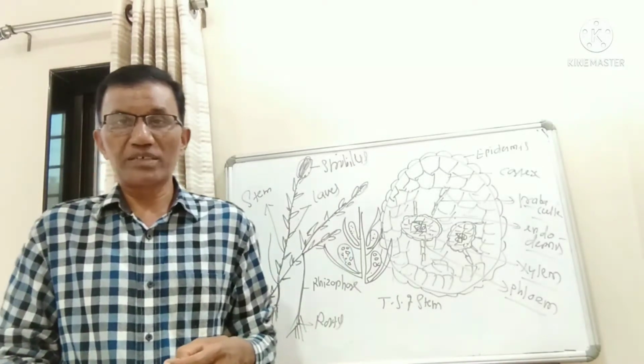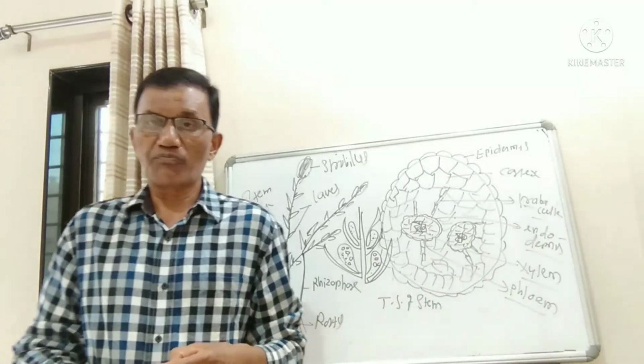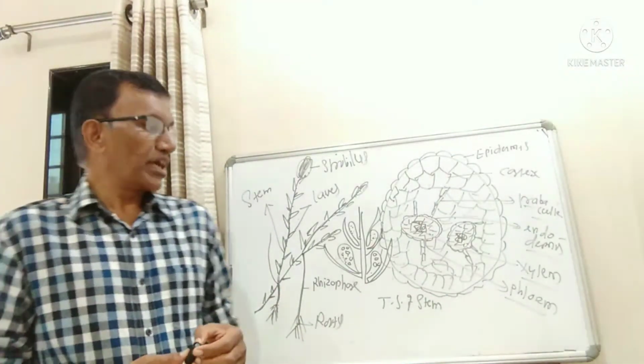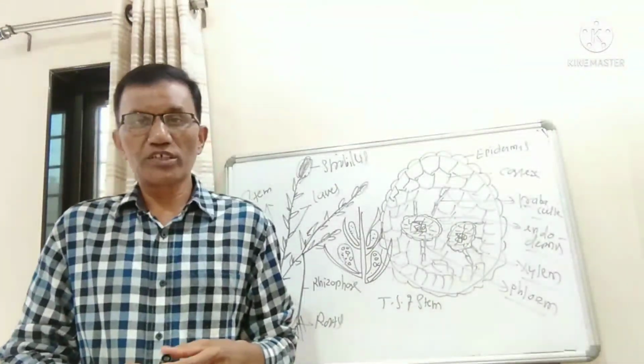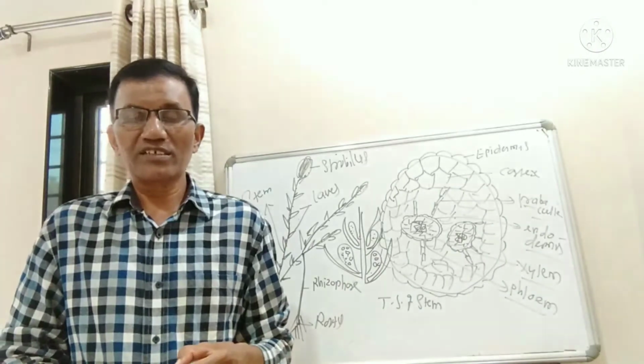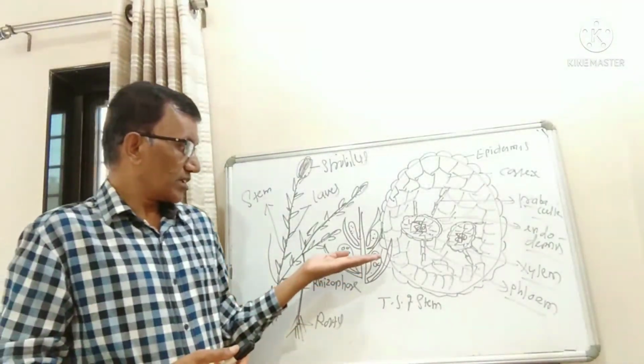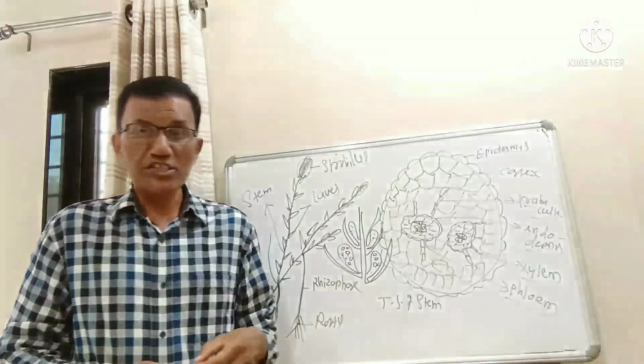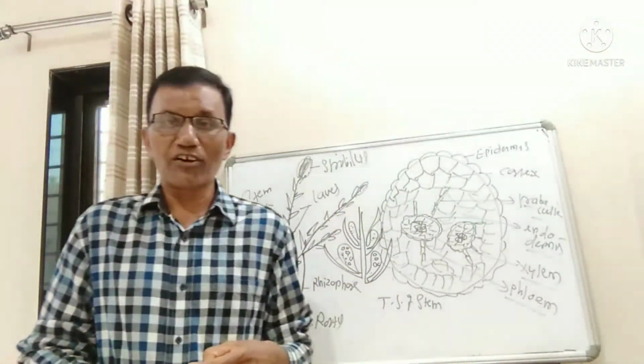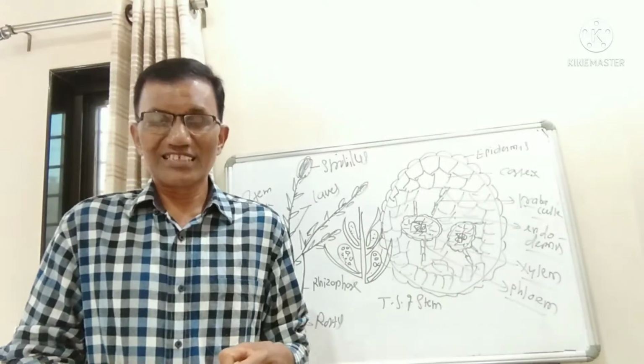So the male reproductive body and female reproductive body develop on two different gametophytic plants. After the germination of these spores, the gametophytic phase of Selaginella begins.